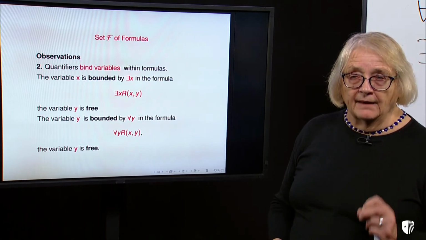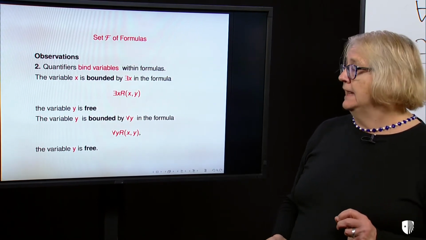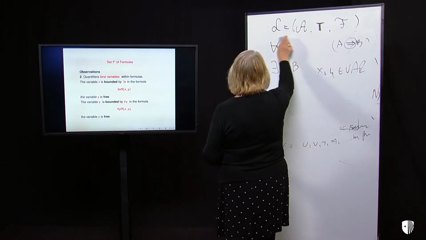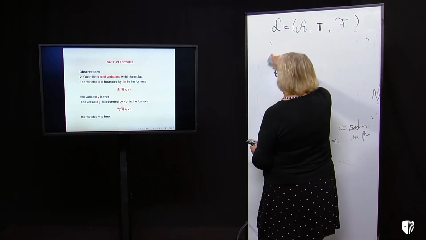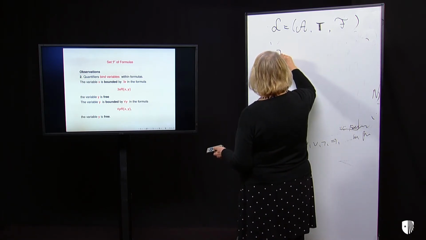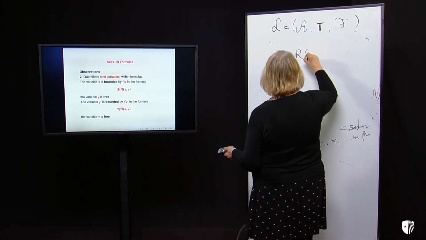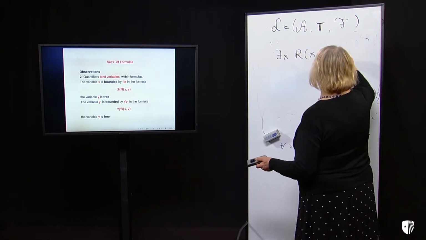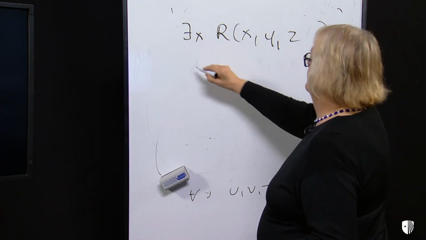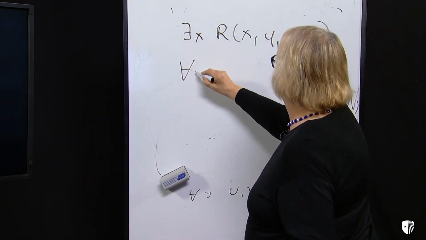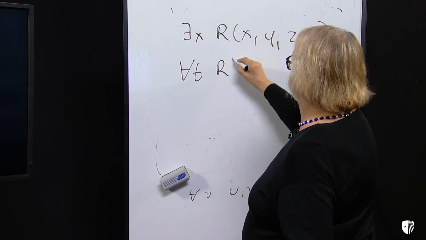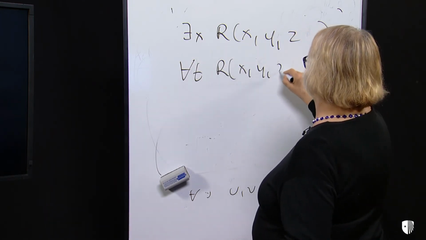The other important notion: if you have a formula, for example, R(x, y, z), where R is a 3-argument relation, I can put for all t, R(x, y, z).